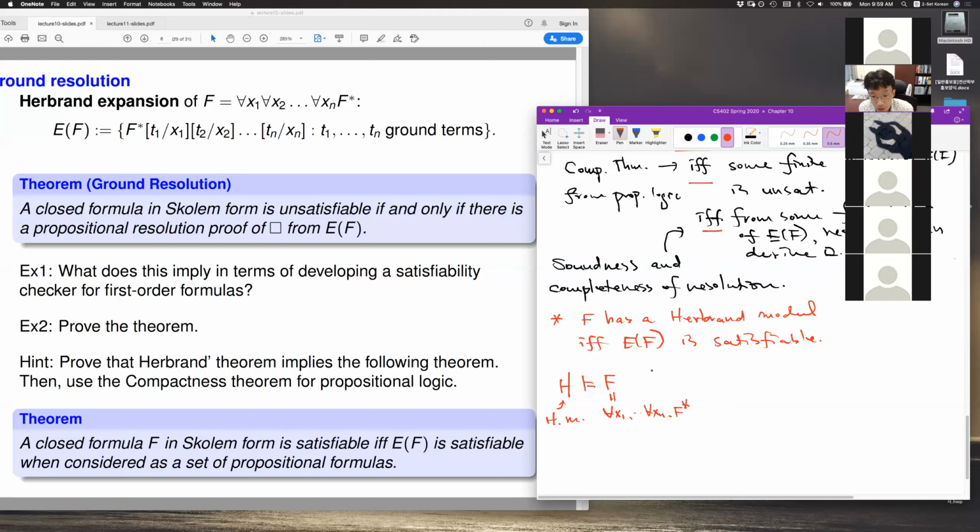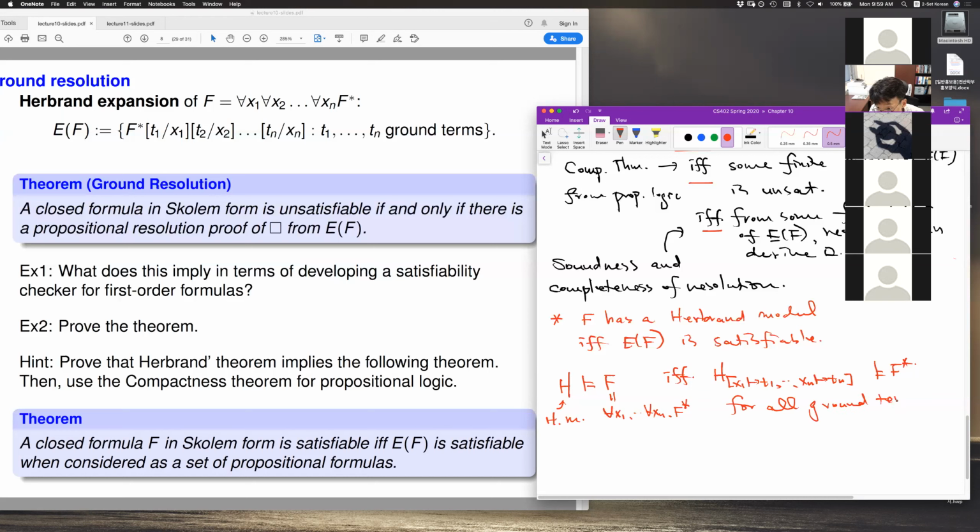So H satisfies the formula F if and only if H, with X1 to T1 up to Xn to Tn, satisfies F star for all ground terms.